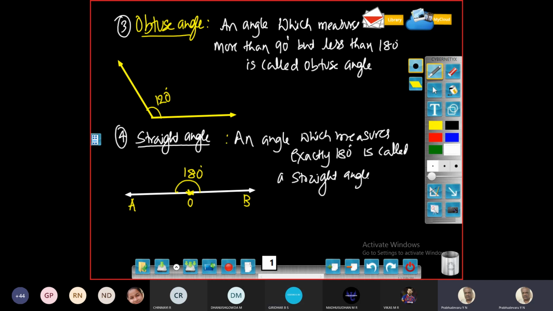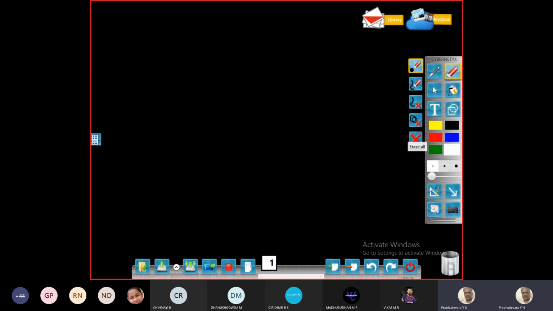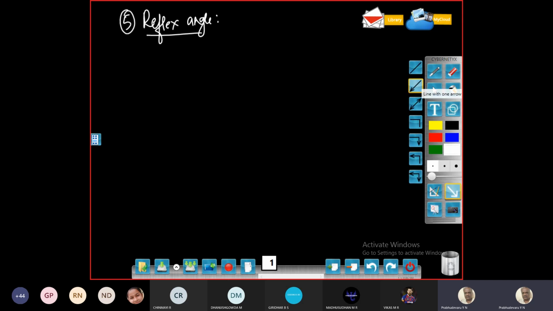So you can write this one, reflex angle. You can draw the diagram like this.